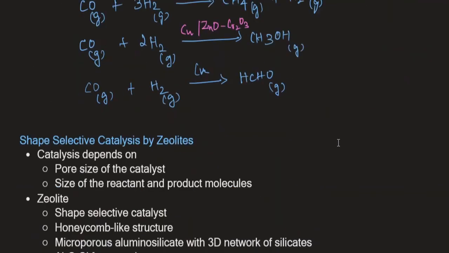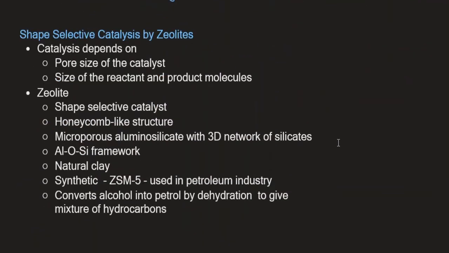Now let us move to shape selective catalysis. Here we have zeolite. Zeolite is a microporous aluminosilicate with a 3D network of silicates. It will have a lot of pores. So this kind of catalysis depends on the pore size of the catalyst.